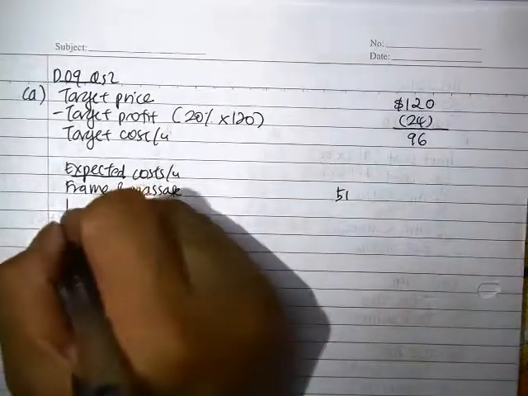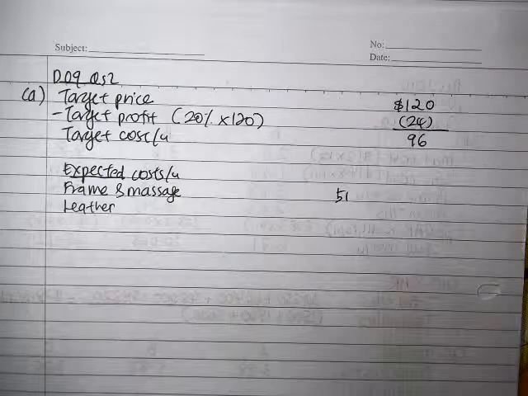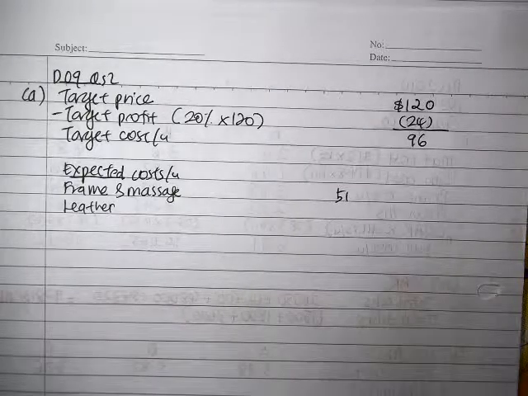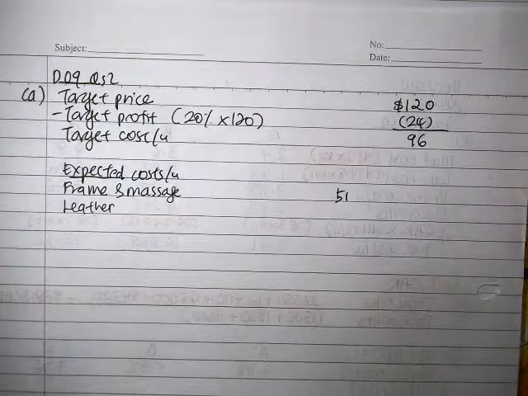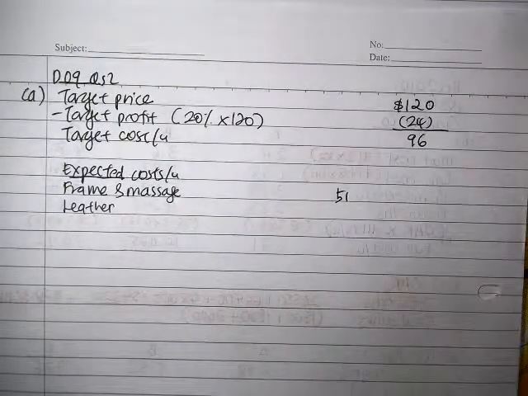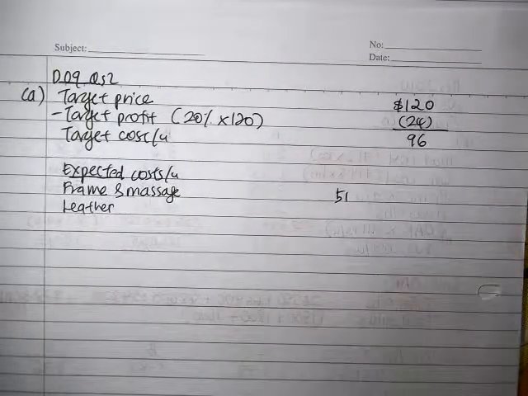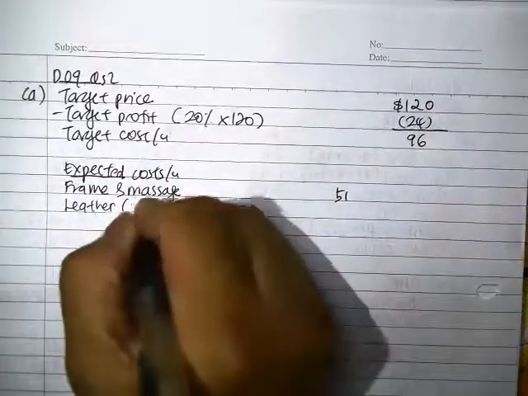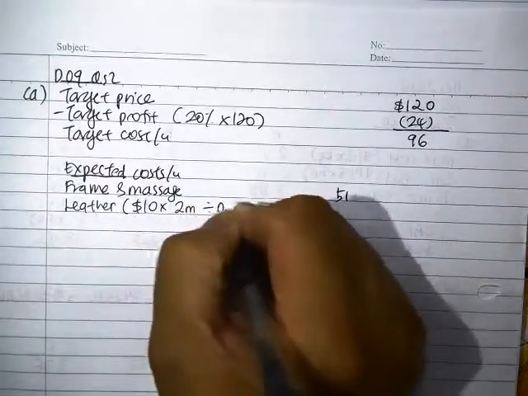Okay, then they tell us that you have to pay for leather. It's $10 per meter. Okay, then you need 2 meters, but there is a 20% wastage. So I need to buy more, right, to cater for the wastage. So I will take $10 times 2 meters divided by 0.8.